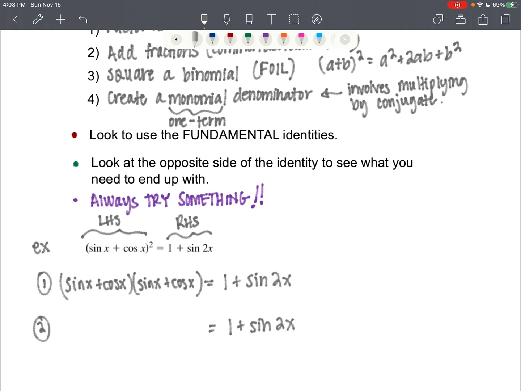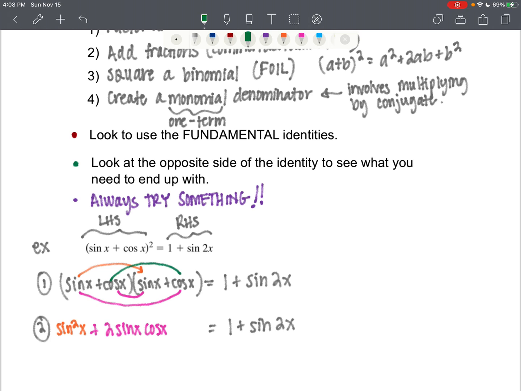When we multiply that out, we're going to get sine times sine is sine squared of x. We're going to get the outer sine times cosine, the inner sine times cosine. So we're going to have two of those, 2 sine of x cosine of x.